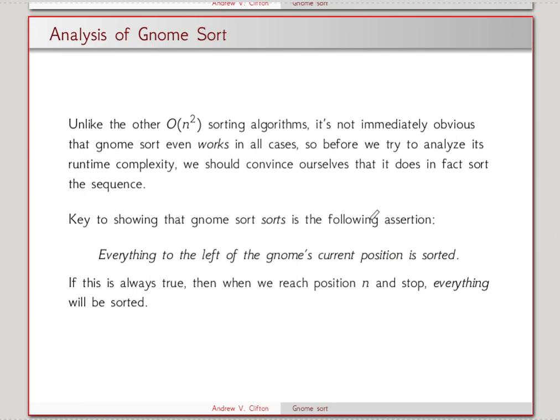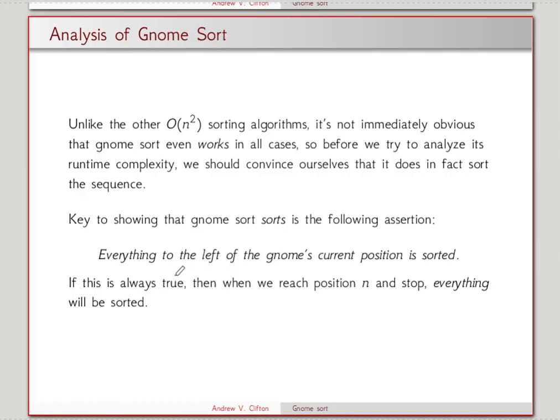Unlike the other n-squared algorithms, it's not even obvious that this works, right? Before we try to analyze its runtime, we probably have to convince ourselves that this actually works as a sorting algorithm. The key is we're going to assert that everything to the left of the gnome's current position is sorted. So wherever the gnome is standing, everything to the left of that position is always sorted.